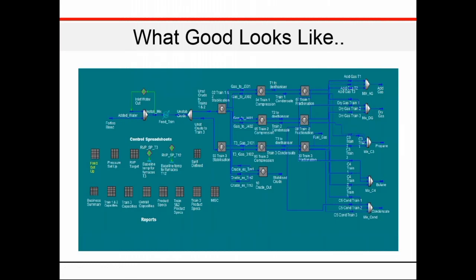This is just a sample of a simulation. By the time you've done the simulation, this is what it looks like. So you could have further compression of different streams. You can see how the streams are splitting. This stream goes into this stabilization process, and there it is further split into different components.